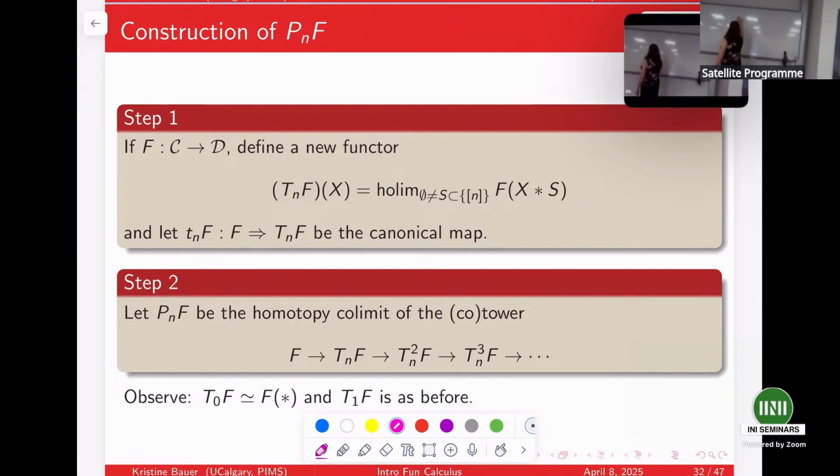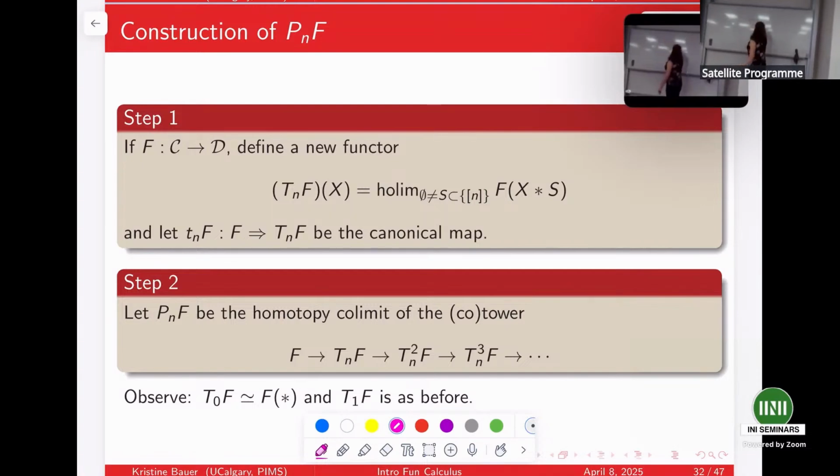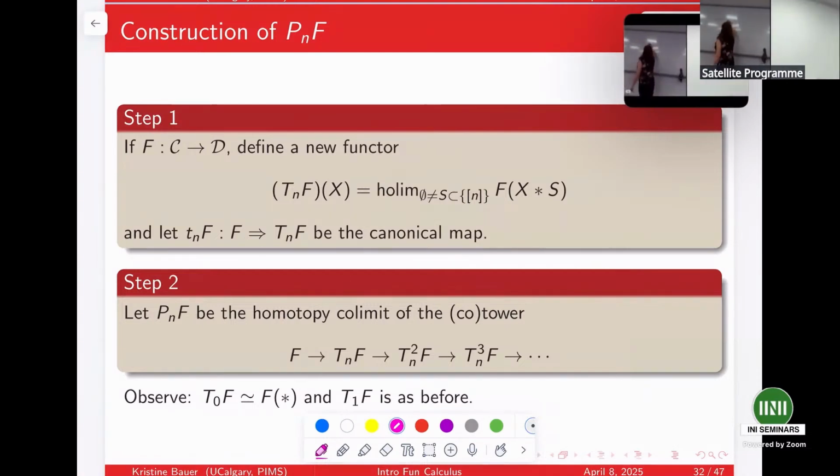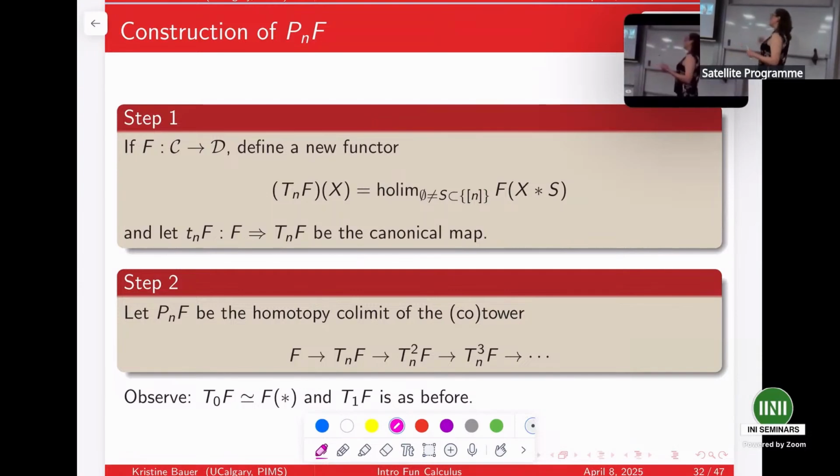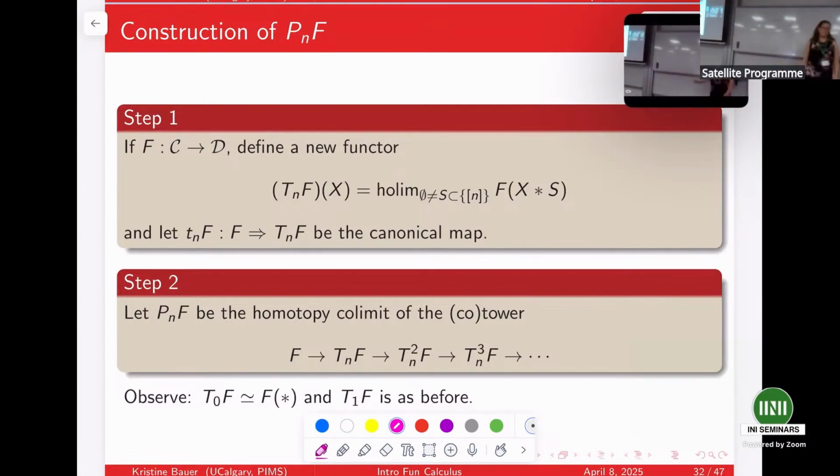And the process says delete the first guy and take the homotopy limit of what's left. The homotopy limit of this is just whatever this is, but we specified that this is F of a point. So T0 does what it's supposed to do. This makes the construction I told you before about D1 a little better. And T1 does what it's supposed to do because in fact, that is exactly a generalization of T1. So we just compute exactly the same thing we did yesterday.